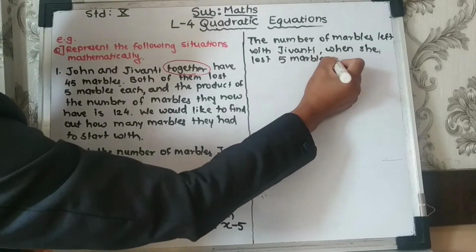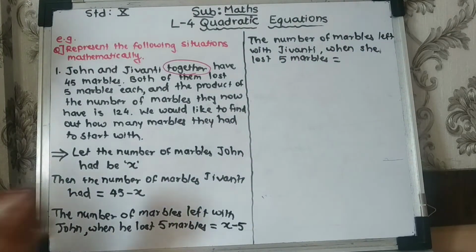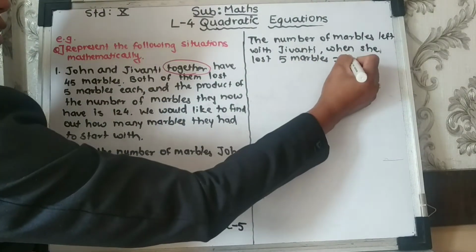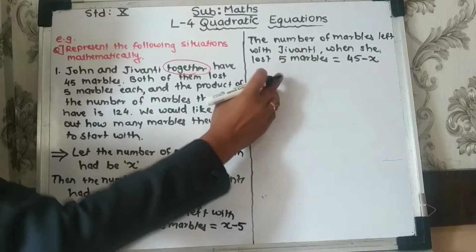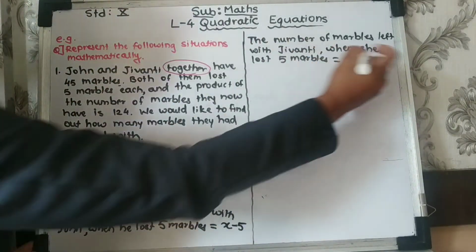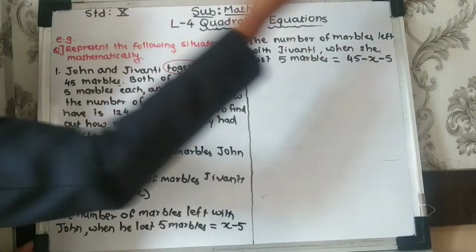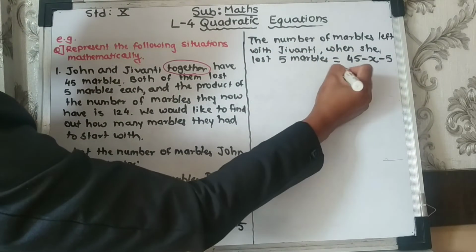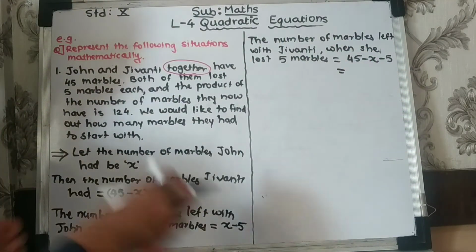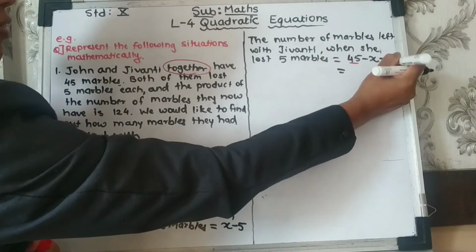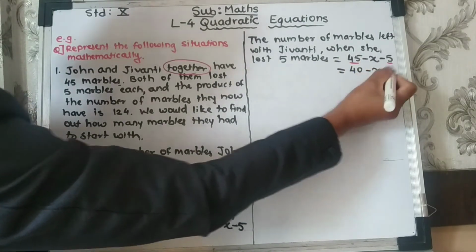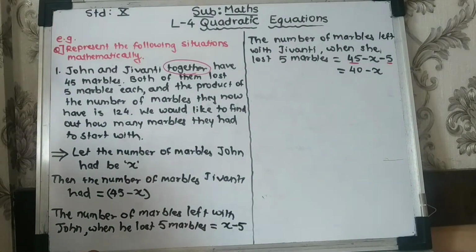So earlier she had 45 minus x. She lost 5, which means we are just going to subtract. The word lost in maths means subtraction. So we subtract 5 from 45. 45 minus 5 is 40, so 40 minus x. While writing, 40 is written first and then x.